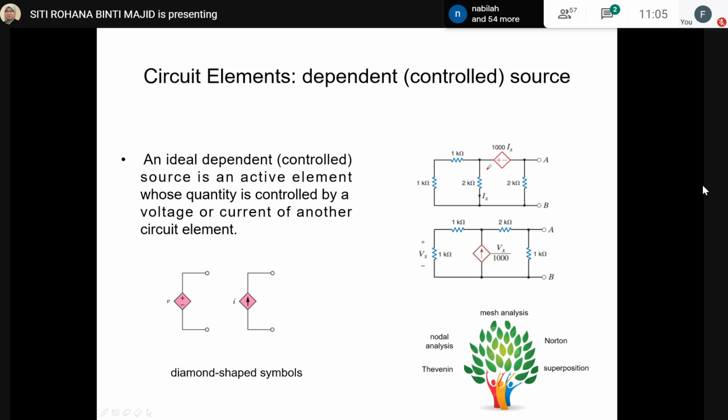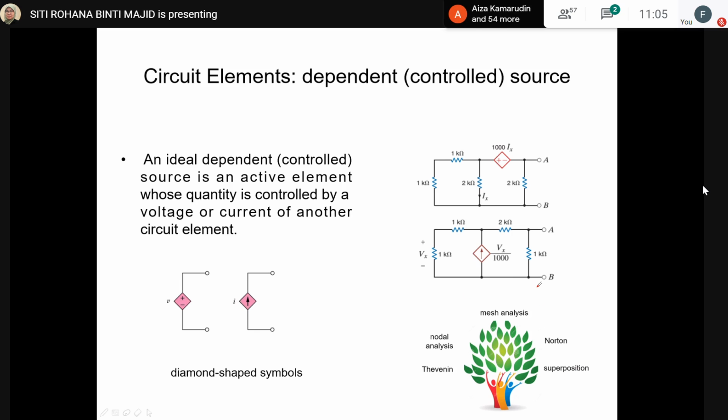And if you see Ix, the voltage source will be controlled by the current. So this parameter should be the same. And the current is Vx over 1000, and Vx is the voltage across the resistor.